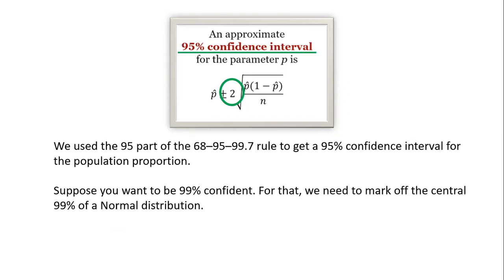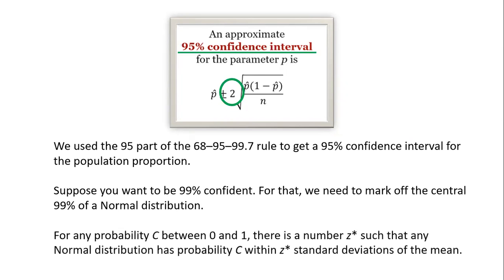So what if we wanted to be 99% confident? Well, for that, we wouldn't want to go 2 standard deviations up or down. We would need a different number. So for any probability C between 0 and 1, there's a number Z star, such that any normal distribution has probability C within it. You're familiar with some of these Z stars.